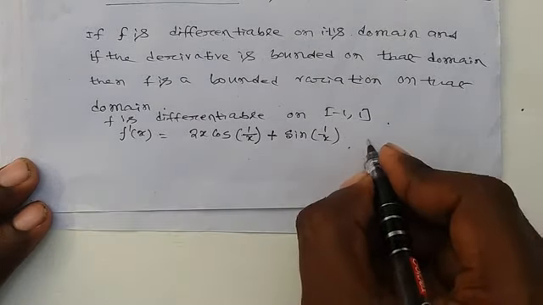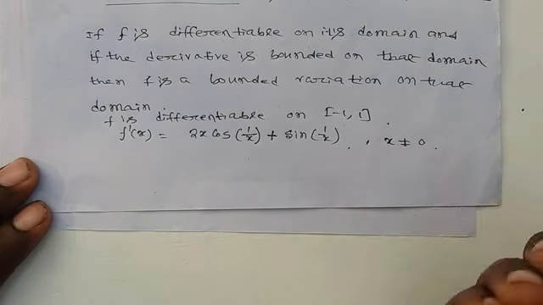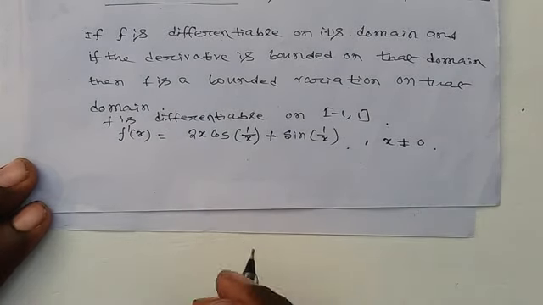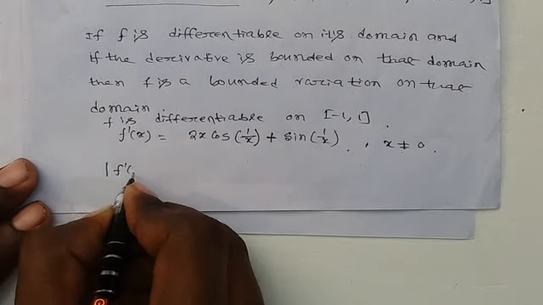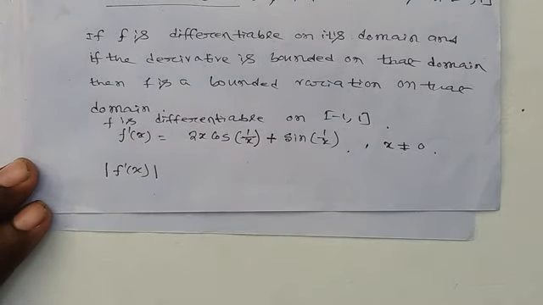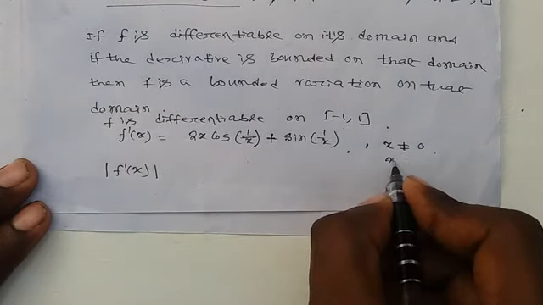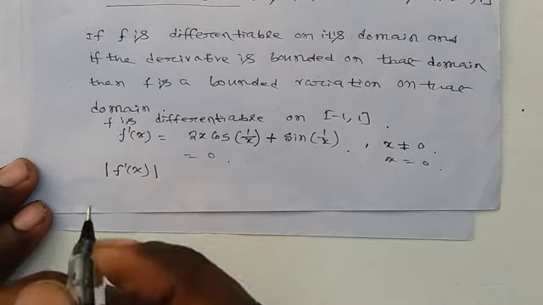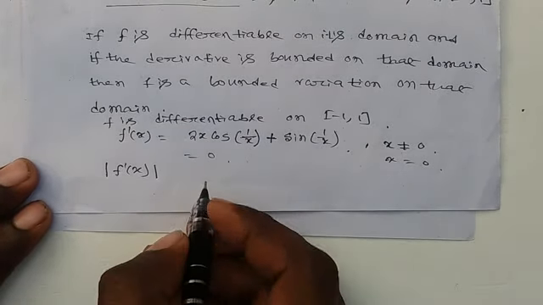The derivative, when x is not equal to 0, is given by this, and when x equal to 0 this becomes simply 0.